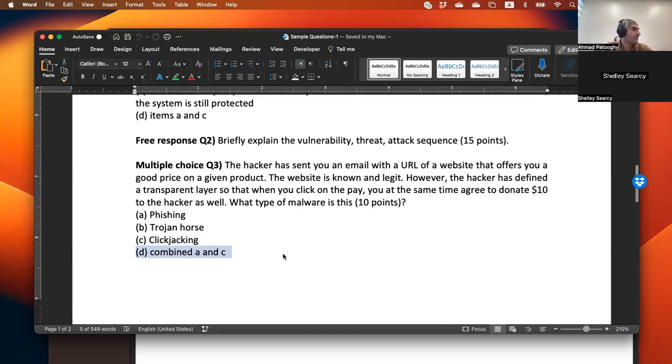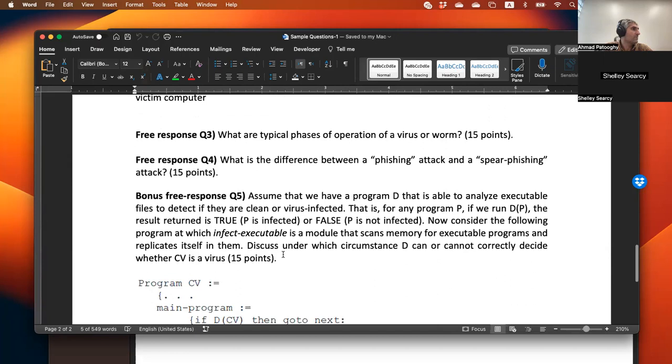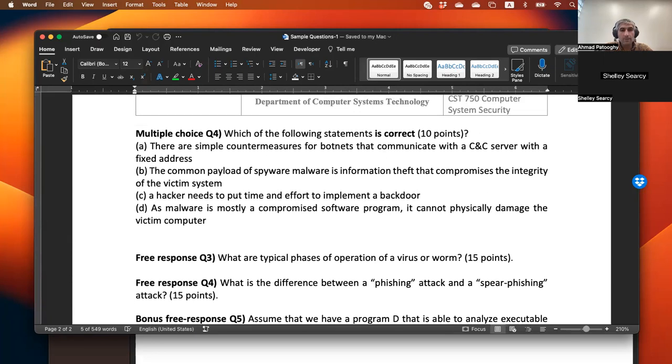Any question? No, I'm clear. Okay. Multiple choice 4 says which statement is correct. Let's read the items and then talk about them. Item A says there are simple countermeasures for botnets that communicate with the command and control server with a static or fixed address.